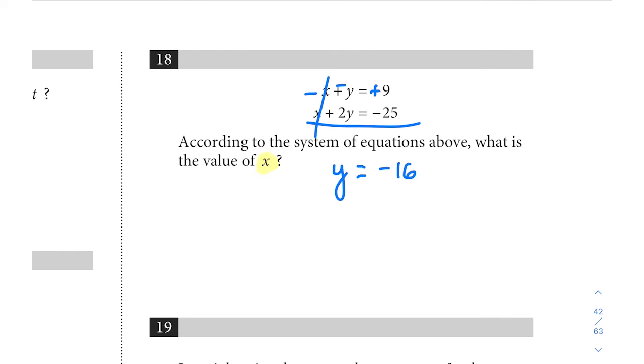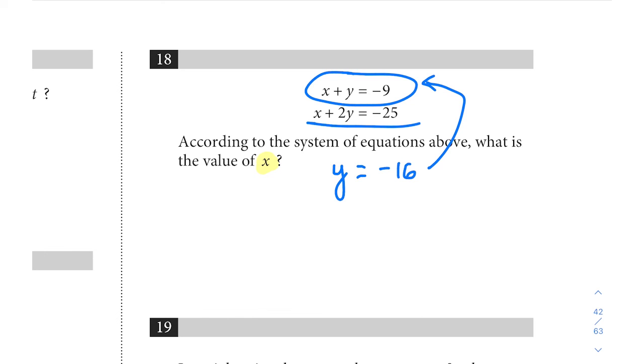So that's y, but the question's asking for the value of x. So we do have to then go and plug that back in. And remember, you can plug it into either equation. So here, if we look, just to see both equations more clearly, when you have x plus y equals negative 9 or x plus 2y equals negative 25, I would look at that and say, you know, that first equation seems a little easier to me, so I want to plug my y back into that one.